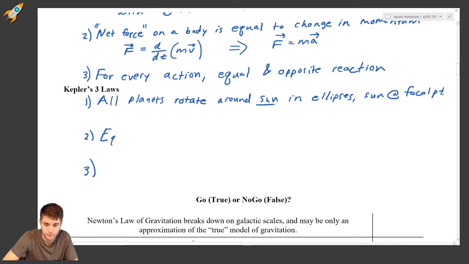Equal area swept in equal time. So this means equal.